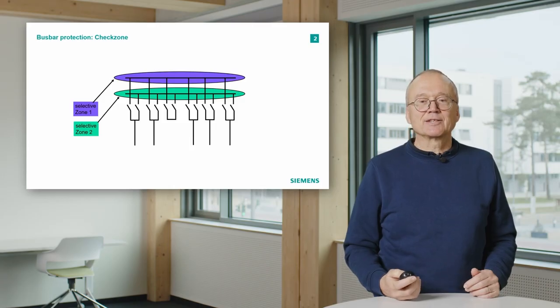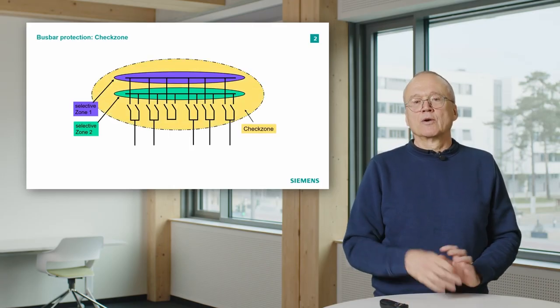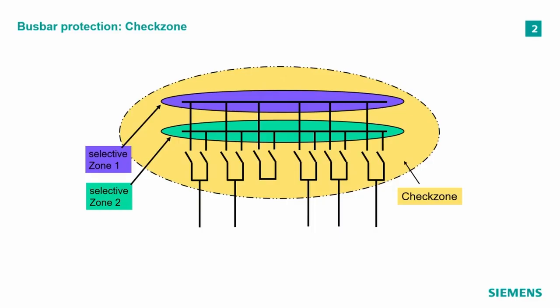And the idea is now to define a yellow zone which goes around the whole thing and which calculates the differential current and the restraint current across all feeders without taking into account topology information.